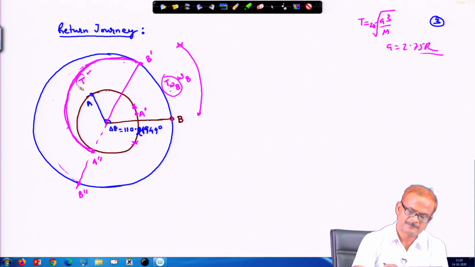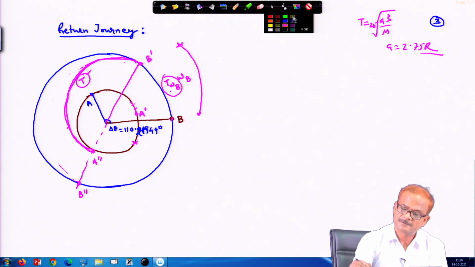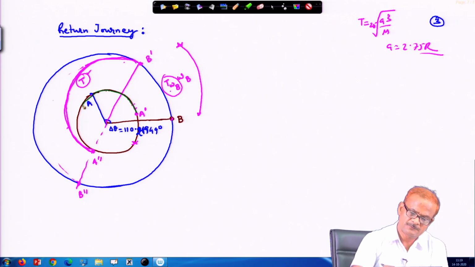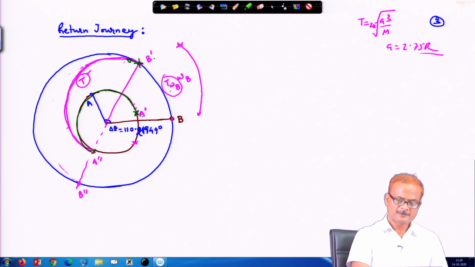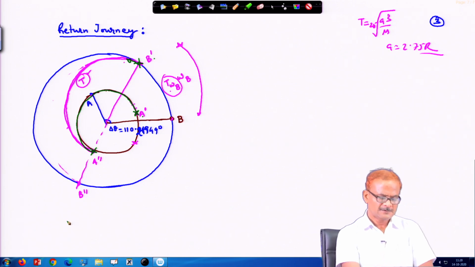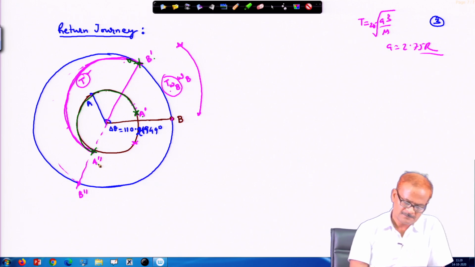So, A moves to A prime during this wait time, and thereafter during this flight time, it will move all the way from here and come to this place. During that time the ship which was launched from B prime arrives here, and in the same time the asteroid A also arrives here, and thereby the spaceship will land on A double prime.